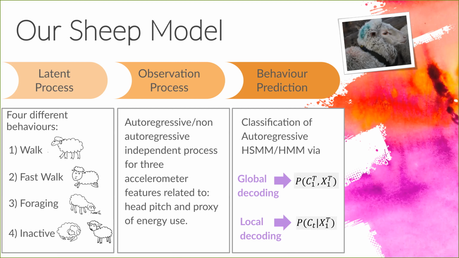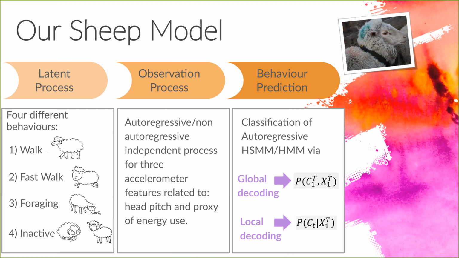Then for the observation process, we consider autoregressive and non-autoregressive processes for the HMM and the HSMM. And we consider 3 different features derived from the accelerometer data that were related to the head pitch and the mean beta.